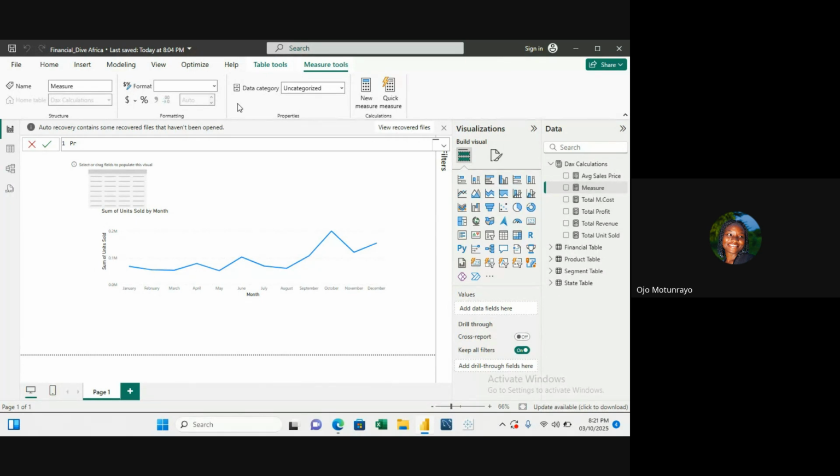And profit per unit. Well done. So how do we calculate our profit per unit again? Total profit divided by total units sold.